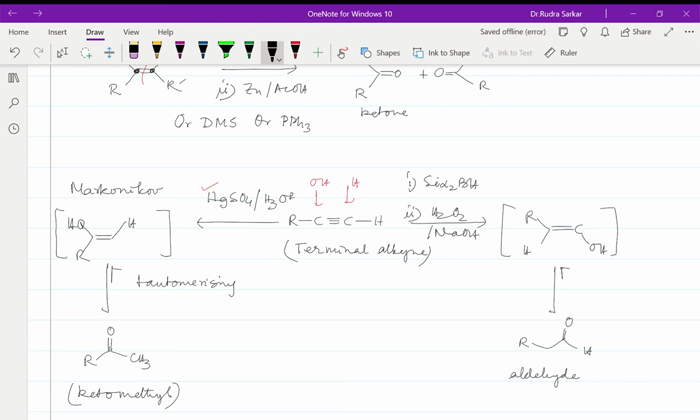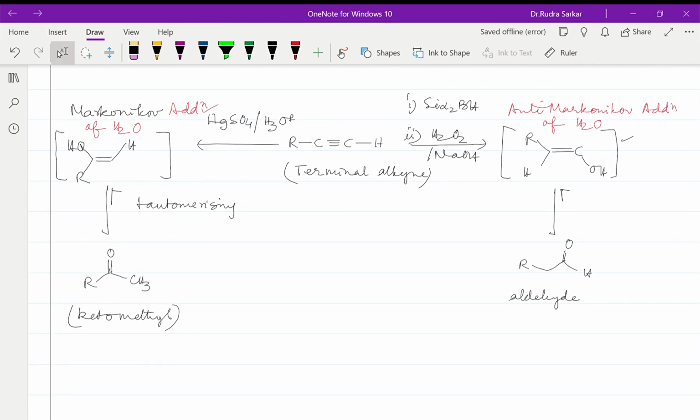While considering the production of the enol, one has to think of anti-Markovnikov addition of water to alkyne, whereas this is Markovnikov addition of water to alkyne. So these are the two basic differences while we are considering such reactions.